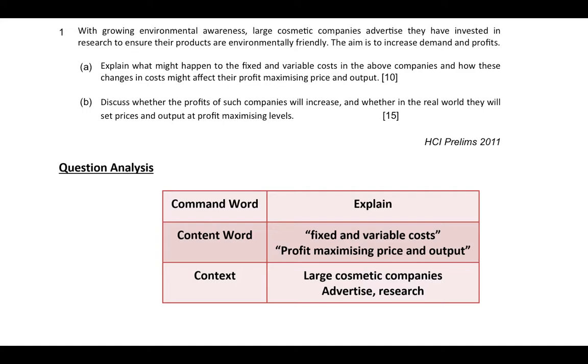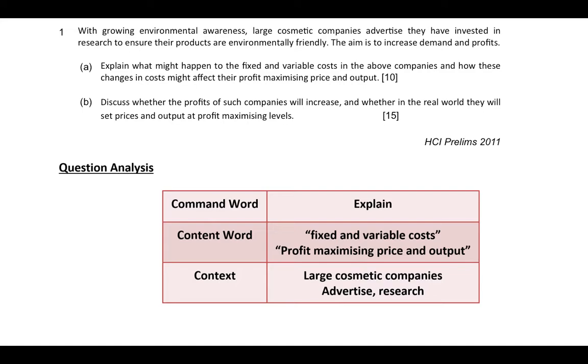So let's think about what fixed cost is, what variable cost is. Fixed costs are costs that you incur without any variation in your output level, whereas variable cost is costs that you incur as output changes.